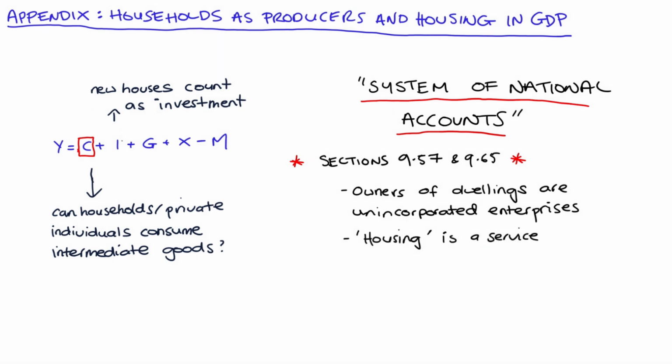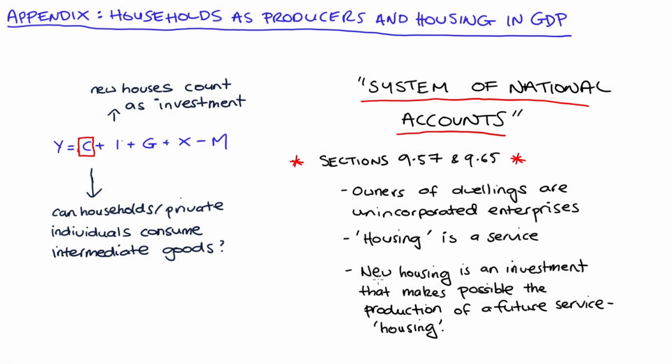So when you live in a dwelling, you're consuming the service of housing, and owners of housing are providing that service, hence their automatic allocation of the status of unincorporated enterprise. Since housing is a service, it follows that new housing or any new dwellings belong in investment, since they're assets that allow for the production of a future service, i.e.